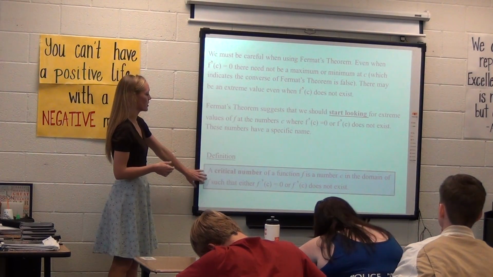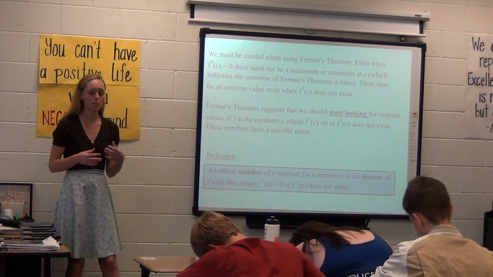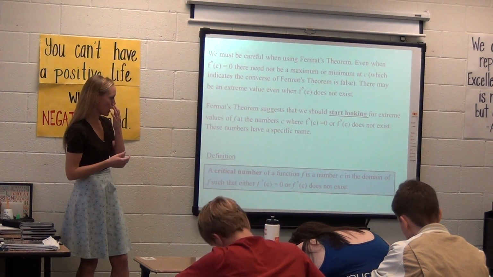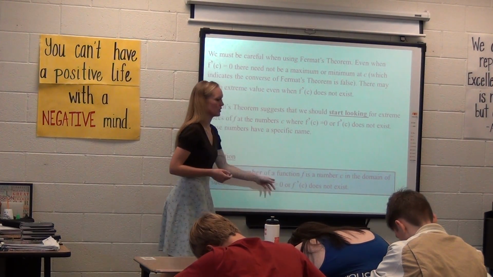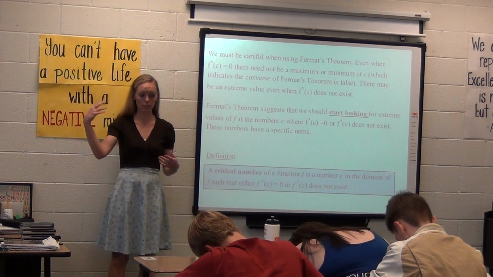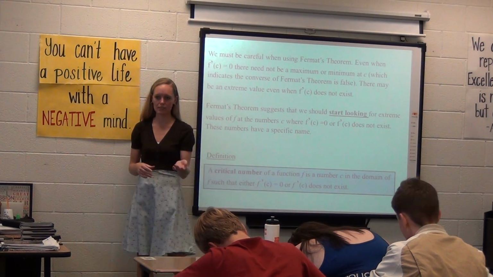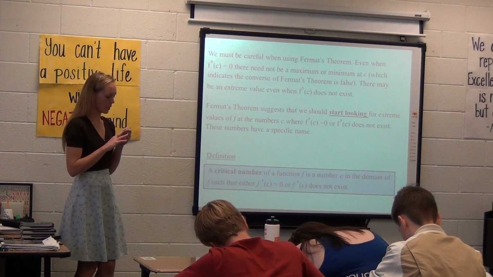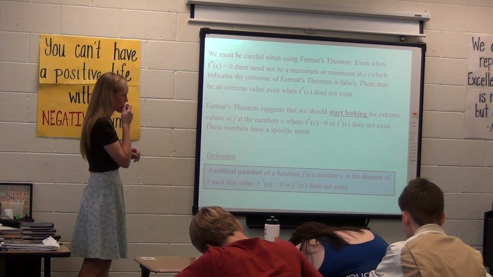That's where this definition comes in. A critical number is a value that we check for maximum and minimum values. We have a critical number anytime the derivative is equal to 0, which was the theorem we talked about, or if the derivative doesn't exist.